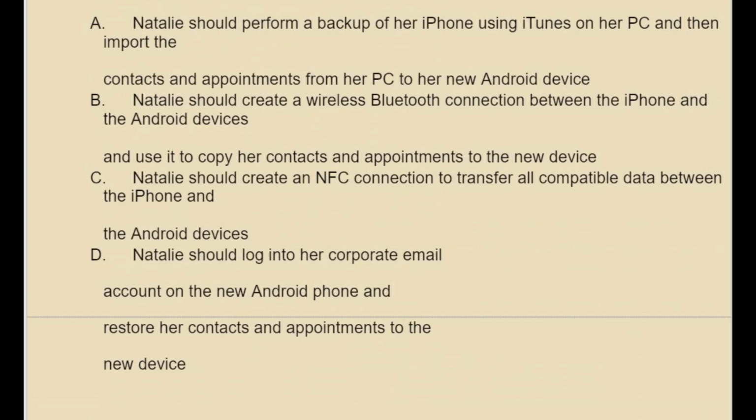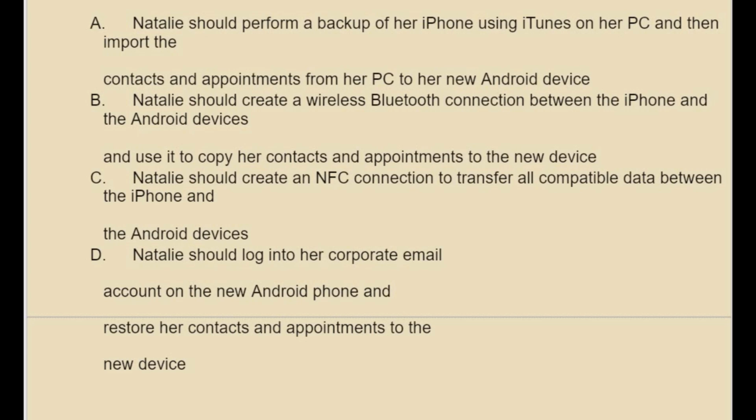Option A, Natalie should perform a backup of her iPhone using iTunes on her PC and then import the contacts and appointments from her PC to her new Android device. Option B, Natalie should create a wireless Bluetooth connection between the iPhone and the Android devices and use it to copy her contacts and appointments to the new device.